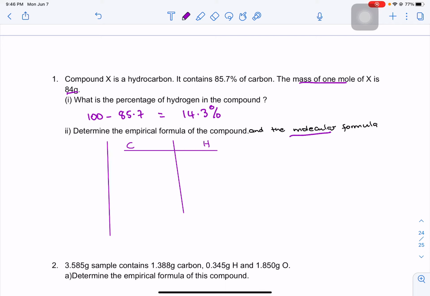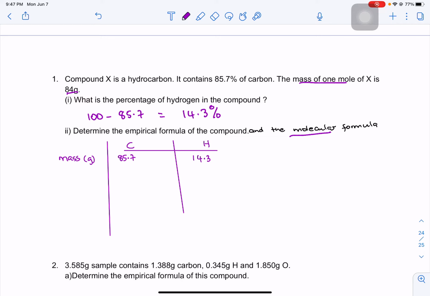The first thing we do is write the mass. Since we're given the information in percent, we can pretend we have 100 grams. So it's 100 grams of our compound X, and 85.7% of it is carbon, so 85.7 grams of it is carbon. We put 85.7 here, mass is in grams. And here for hydrogen it is 14.3.